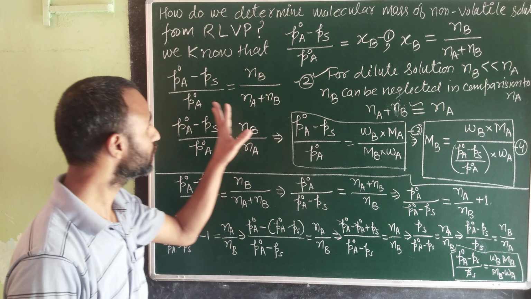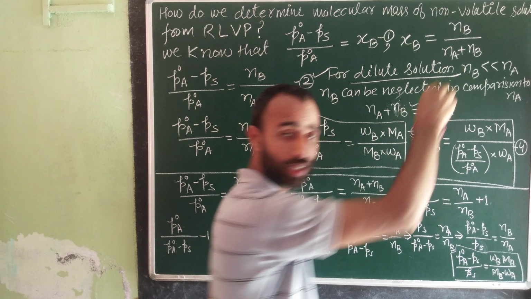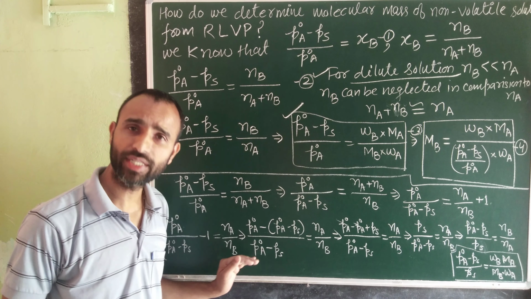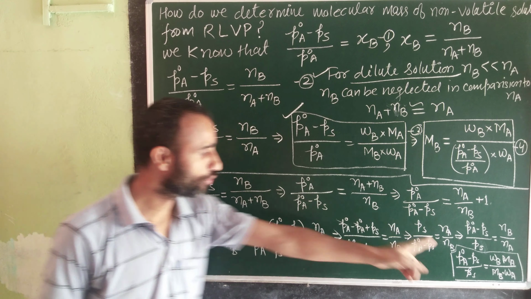The earlier relation is used when we are given that solution is dilute. If it is not reported in the question, just go for this. It is simple. P naught A minus Ps over, instead of P naught A, there is Ps, right, equal to Wb Ma over Mb Wa. Rest is same.